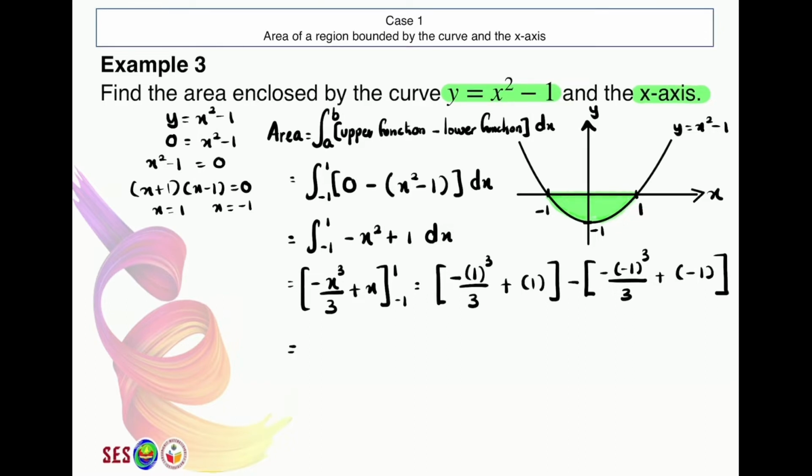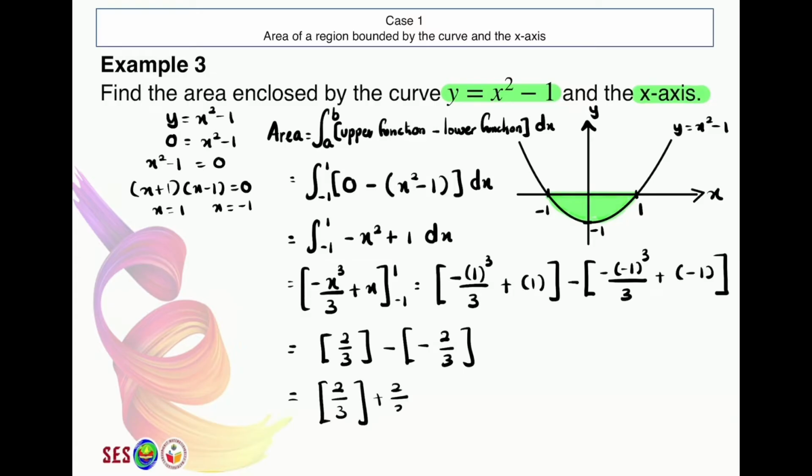So you'll get 2 over 3 from the first bracket minus negative 2 over 3. When negative meets negative, you add them up. So 2 over 3 plus 2 over 3 equals 4 over 3. And don't forget, our unit will be unit squared. So this will be our answer.